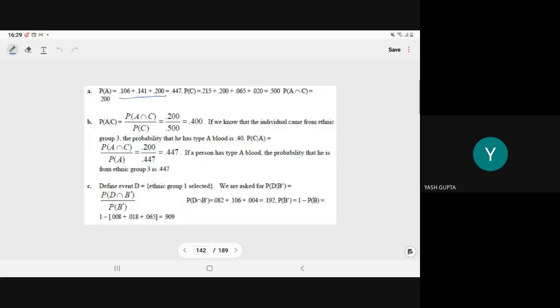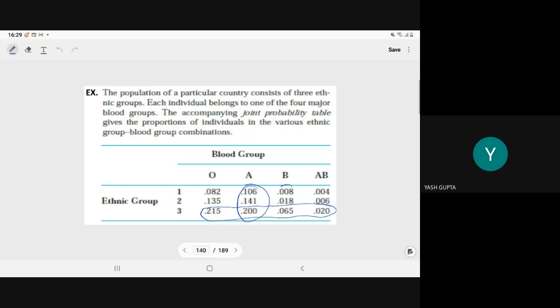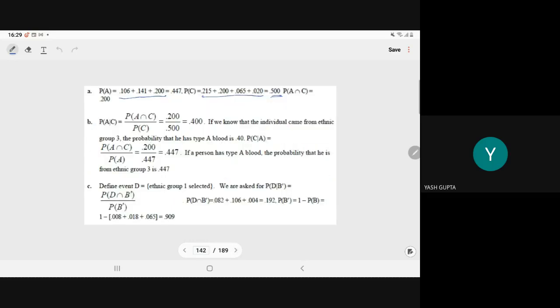So P of C is the sum of these proportions, and the required probability will come as 0.50. Then P of A intersection C means belonging to blood group A as well as to ethnic group 3. So this is the intersection point, and 0.20 is the required probability.